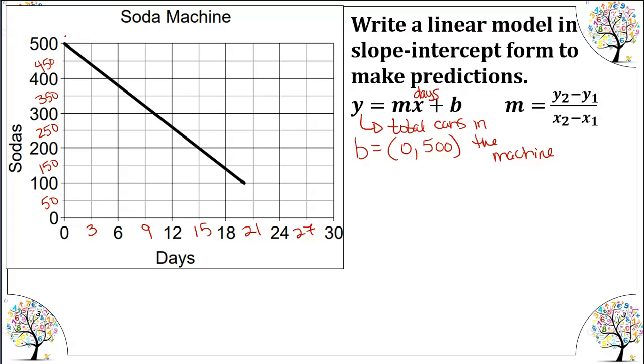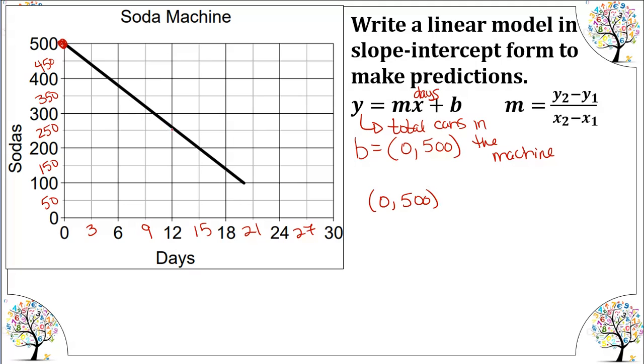Let's find the slope. I can see this is not easily seen, so I'm going to find 2 nice points. I'm going to start out with my y-intercept. So that's going to be (0, 500).